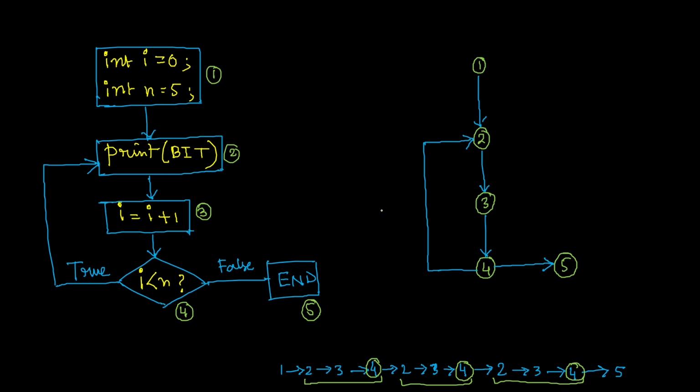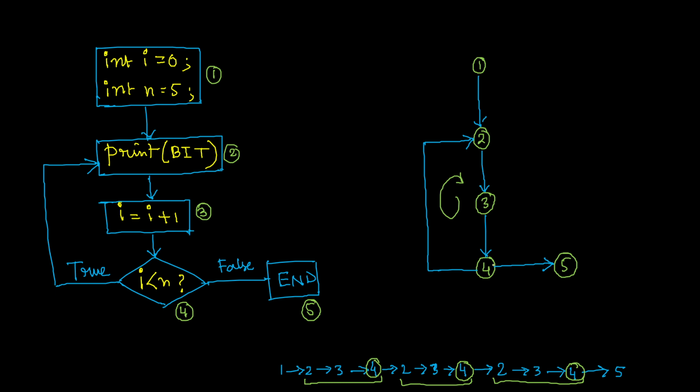So here also we have the same type of execution, but since the condition is present at the end, the nodes that are involved in the loop are 2, 3 and 4. These 3 nodes are involved. 1 is not involved in the loop, it's not repeated. 5 is not involved in the loop, only 2, 3, 4.